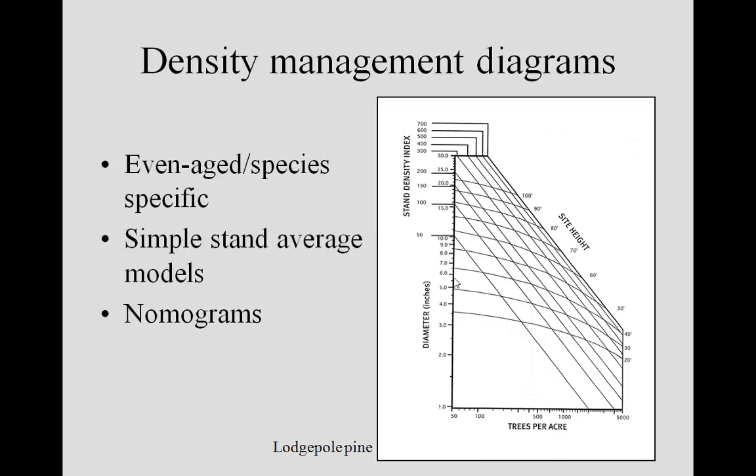So they are typically for even-aged stands, and they're species specific. So again, this is for lodgepole pine. And what they represent is simple stand average models, and they're an example of a nomogram. So if you know two things, you can predict a third variable.